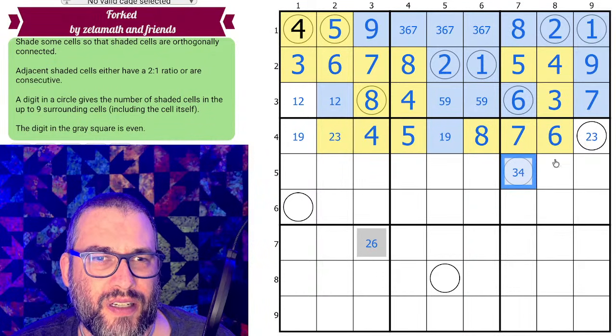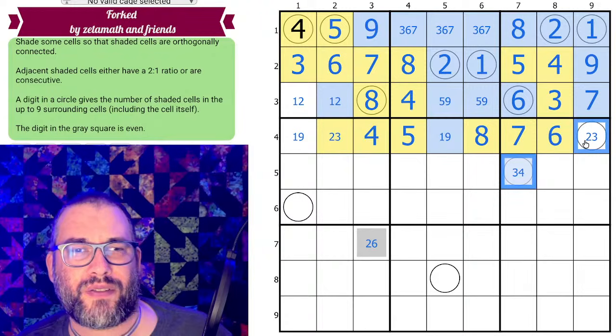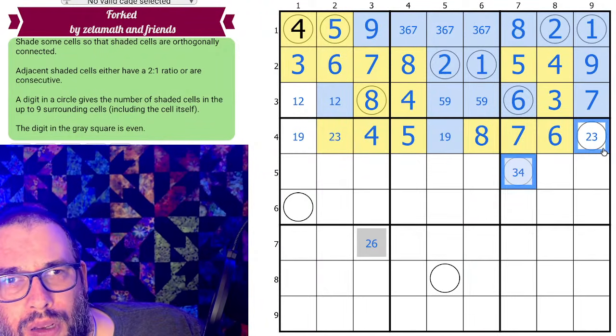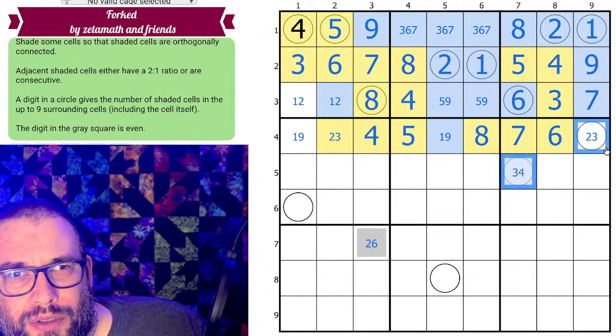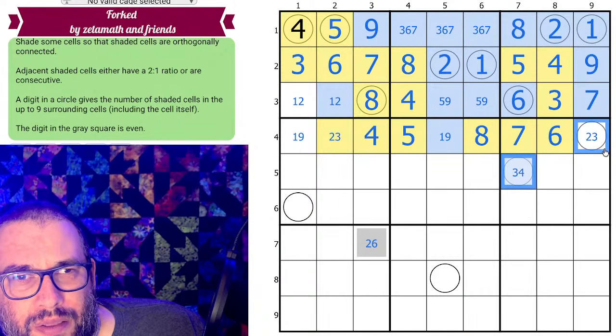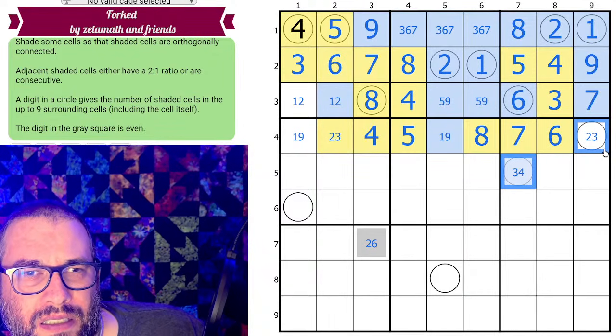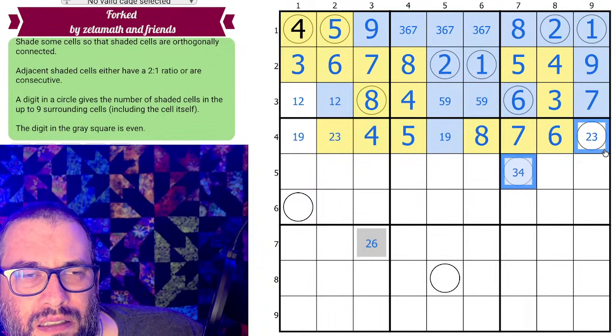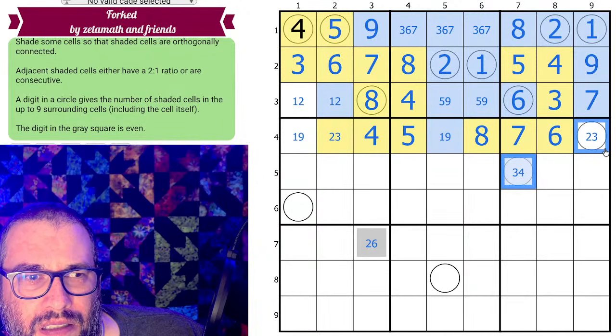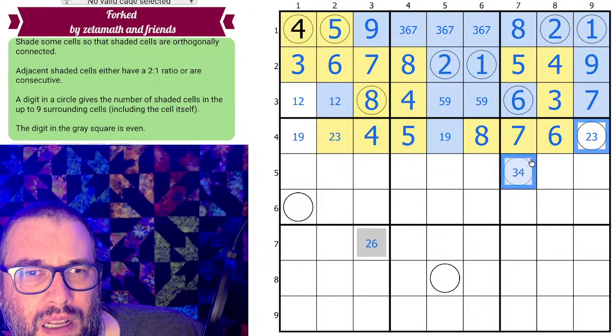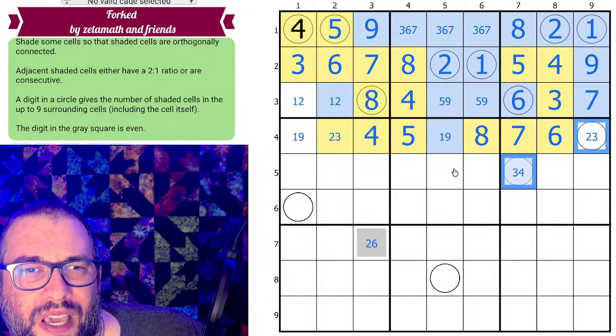Edon says if this is a 3, then this is a 2. I don't see the problem with that. Then yellow has no way to escape.